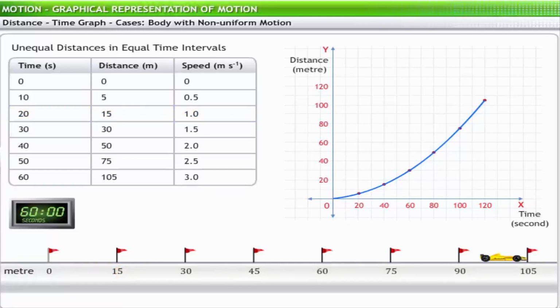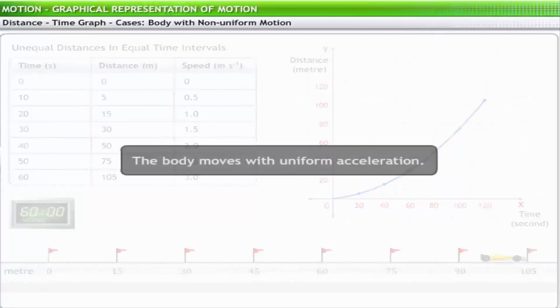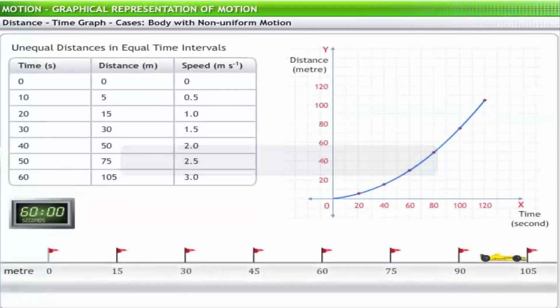We observe that the speed of the body increased with time at a constant rate. Hence, we can say that the body moves with uniform acceleration. Thus, for a body with uniformly accelerated motion, the distance-time graph is in the shape of a parabola.